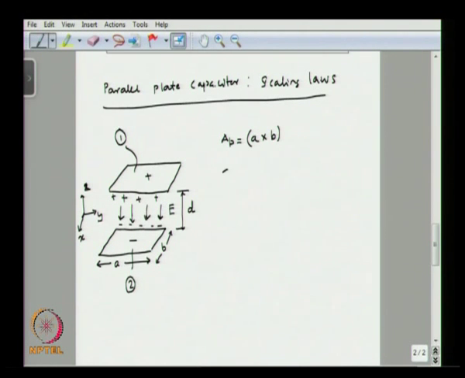So we can write the surface charge density, sigma, as total charge over area of cross section, right.